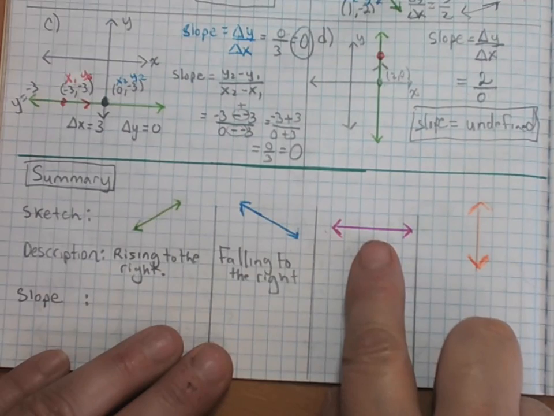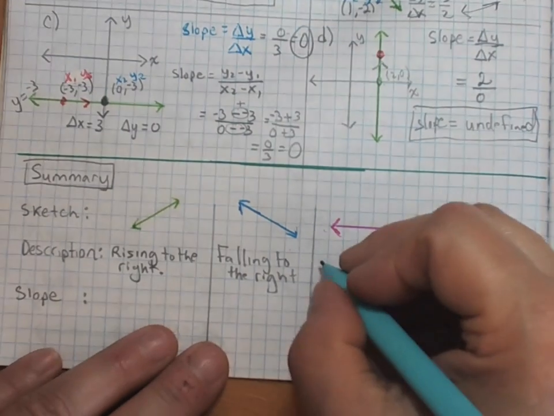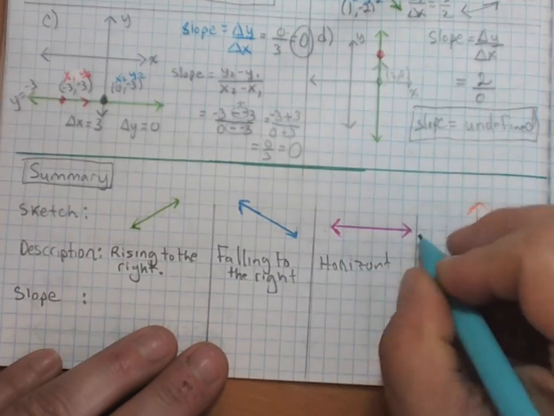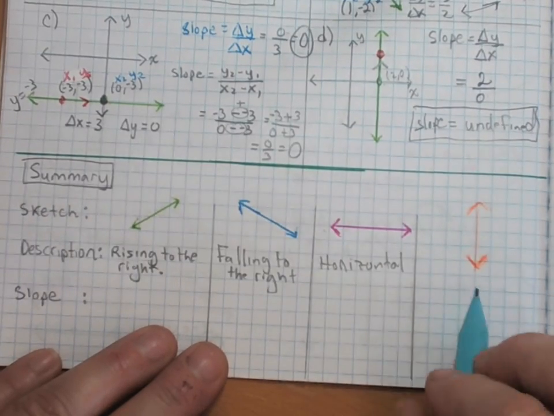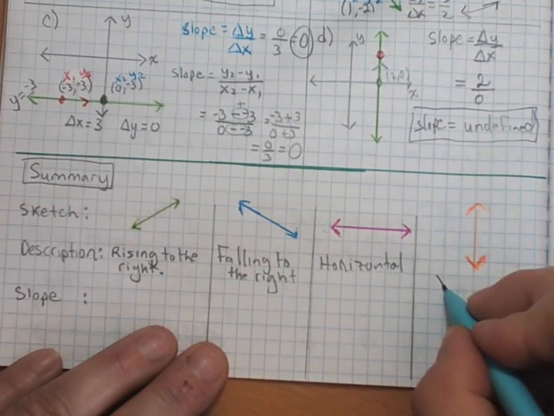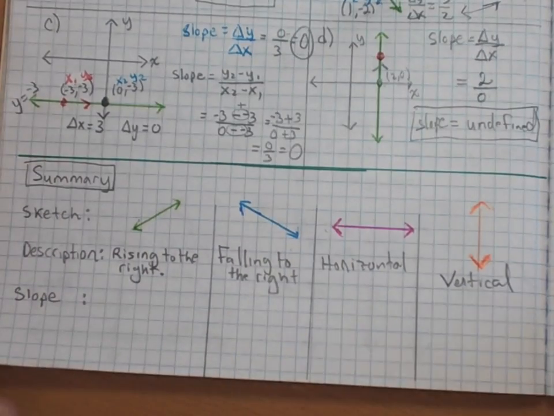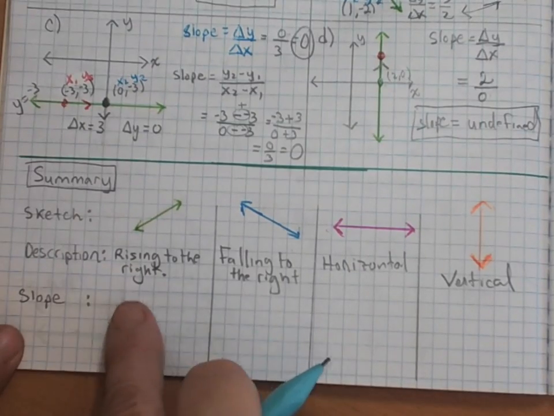We have our horizontal line. And we have our vertical line. Okay, so the slope of each one.